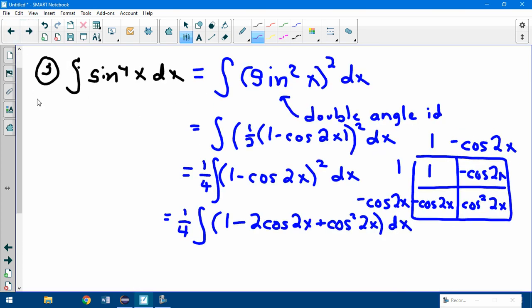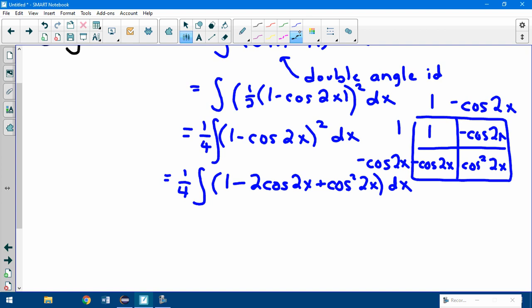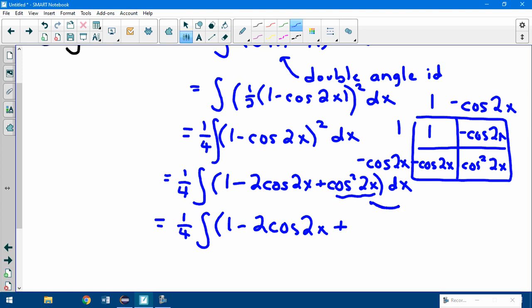All right, so this is going to become 1/4 times the integral of 1 minus 2 cosine of 2x plus, now cosine squared of 2x again. This is another double angle identity.